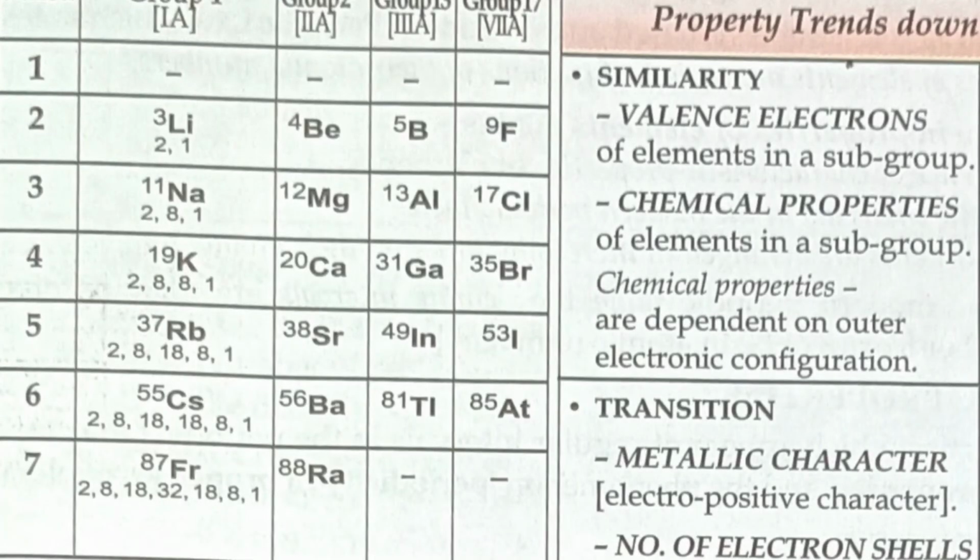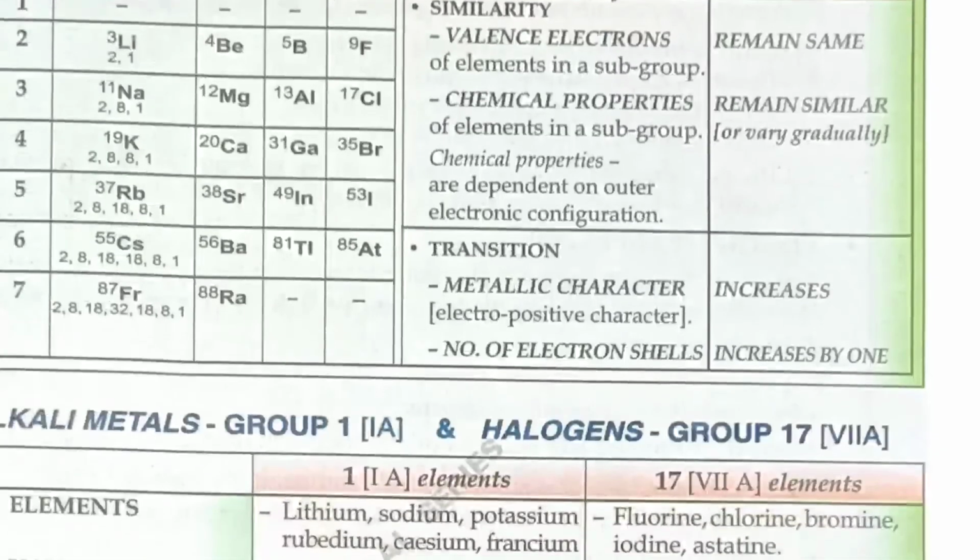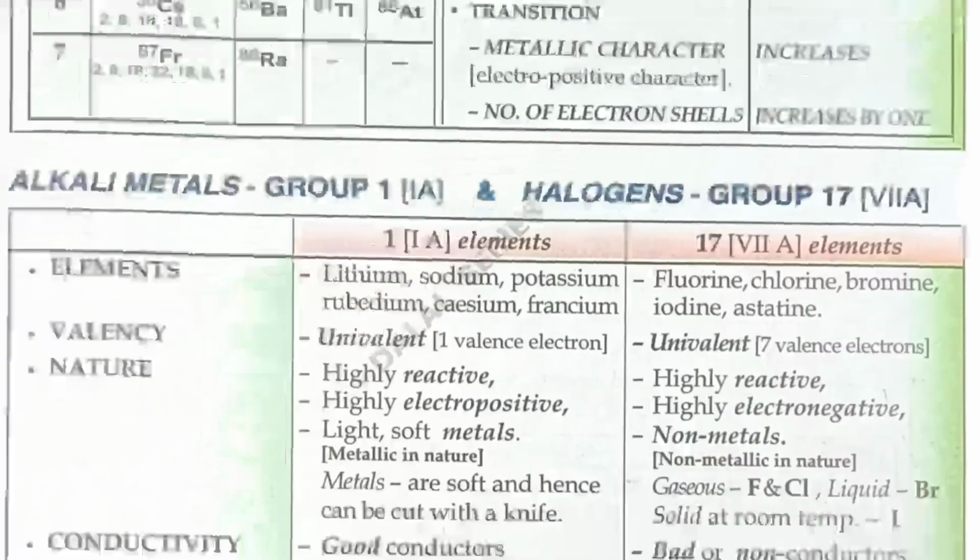Lithium has electronic configuration 2, 1, so 2 shells in total. Sodium, atomic number 11, is 2, 8, 1, so shells are 3. Potassium, atomic number 19, is 2, 8, 8, 1, so a total of 4 shells. Rubidium has 5 shells, cesium 6 shells, francium 7 shells, so shells increase by 1.